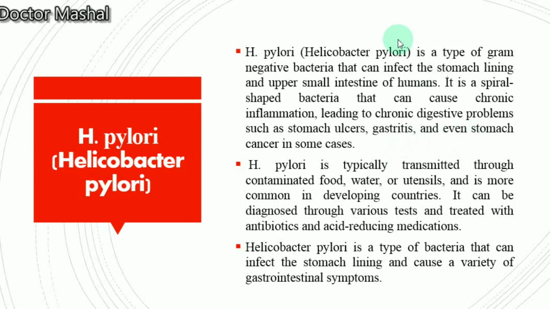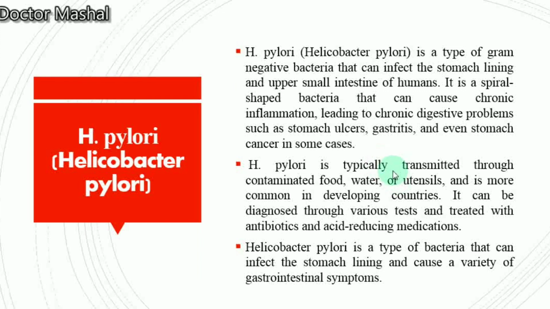Let's get started. H. pylori is a type of gram-negative bacteria that can infect the stomach lining and upper small intestine of humans. It is a spiral-shaped bacteria that can cause chronic inflammation, leading to chronic digestive problems such as stomach ulcers, gastritis, and even stomach cancer in some cases.